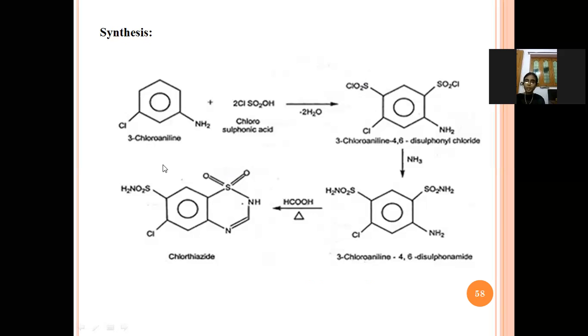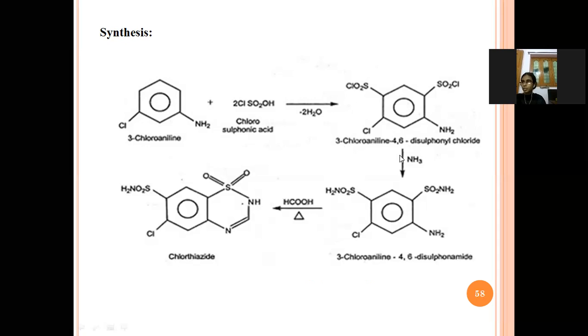I will explain it again. The starting material is 3-chloroaniline when it is reacted with chlorosulfonic acid. So the water molecule is eliminated and the remaining chlorosulfonic acid is attached to the 3-chloroaniline, that is at fourth position and the sixth position. So it is named as 3-chloro 4,6-disulfonyl chloride.